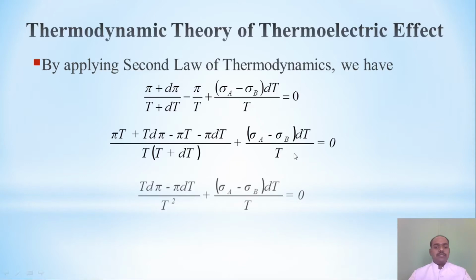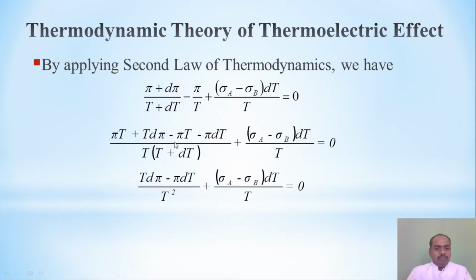Next, in the next step, I have calculated this one. Here pi T minus pi T gets cancelled. We are left with (T d pi minus pi dT) divided by T square. Here I have chosen T plus dT is nearly equal to T because dT as compared with T is very small.